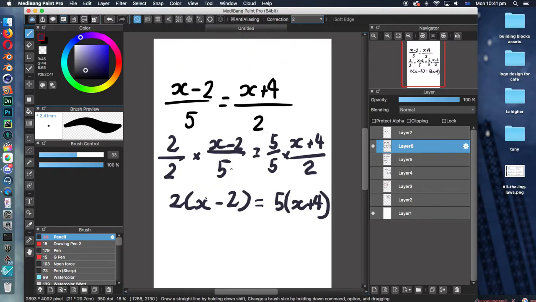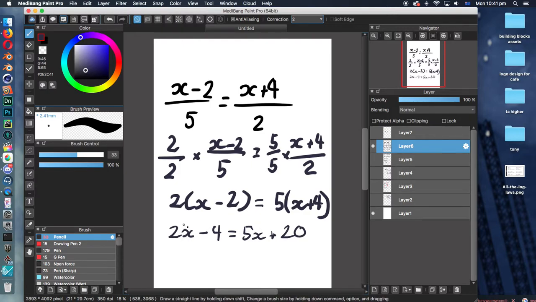So we've got to use some bodmas, so let's do that. So it's 2x, let's expand the brackets, minus 4 equals 5x plus 25. And then now we need to bring the x to both sides.